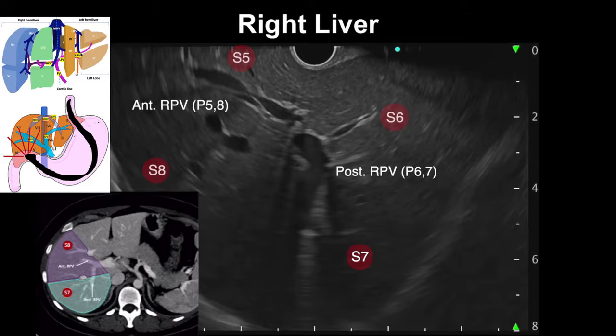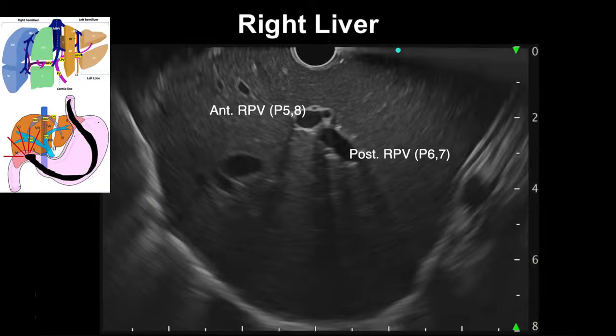The right anterior portal vein serves segment 5, closer to the transducer, and segment 8 in the lower left part of the screen. The right posterior portal vein serves segment 6, closer to the transducer, and segment 7 in the lower right part of the screen.